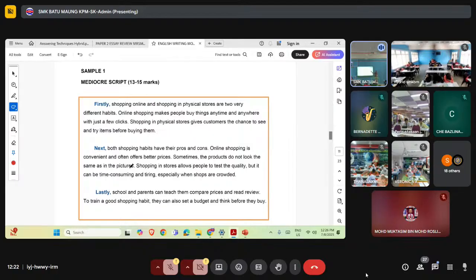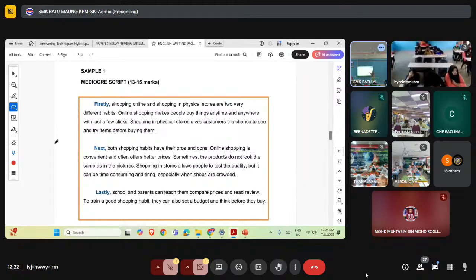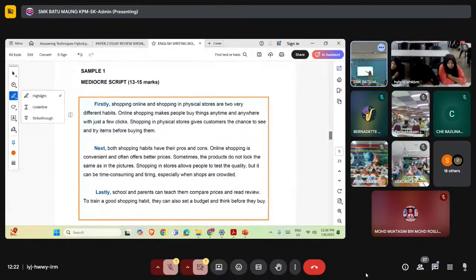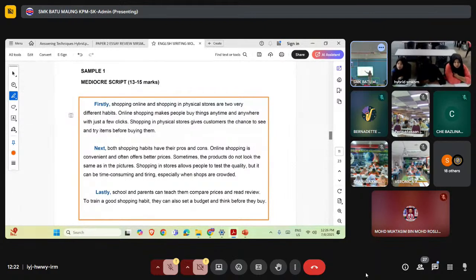This is a very simple response. Listen. This is a sample response where the category of this student's response is average. Average script. Even when you look at the response, it is very straightforward.